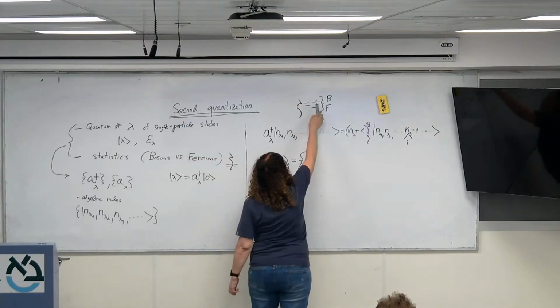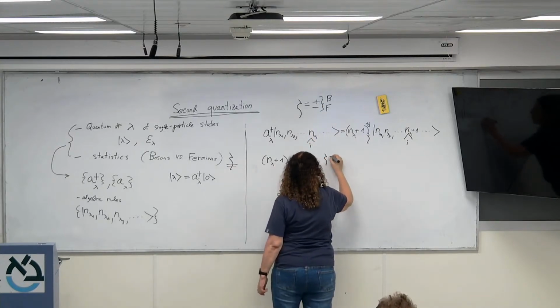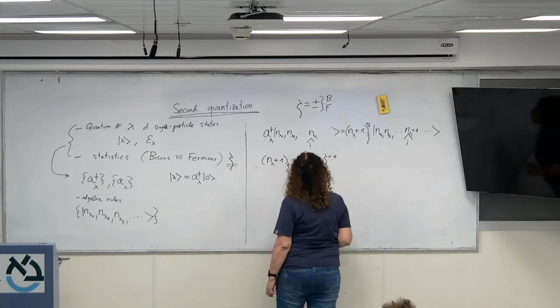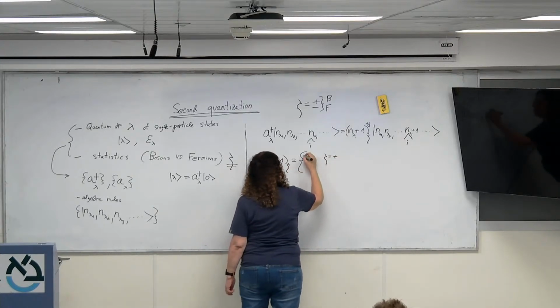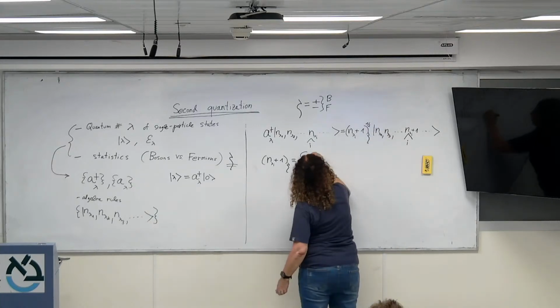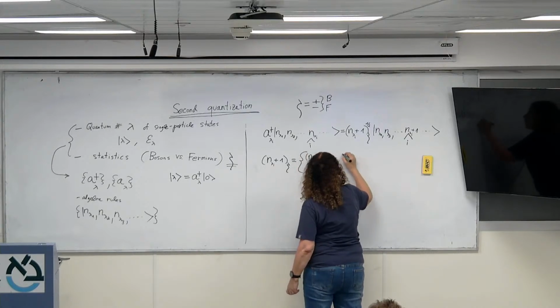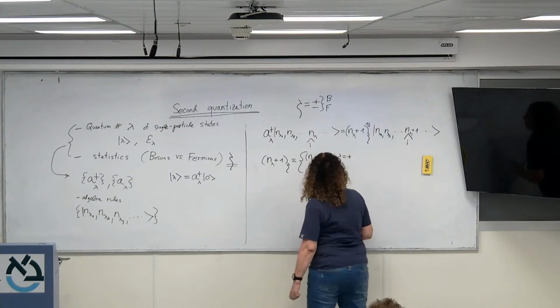Zeta again is plus for bosons, minus for fermions. So if zeta is plus, then it's nothing but the same number, so it's just redundant. This is for zeta equals plus.